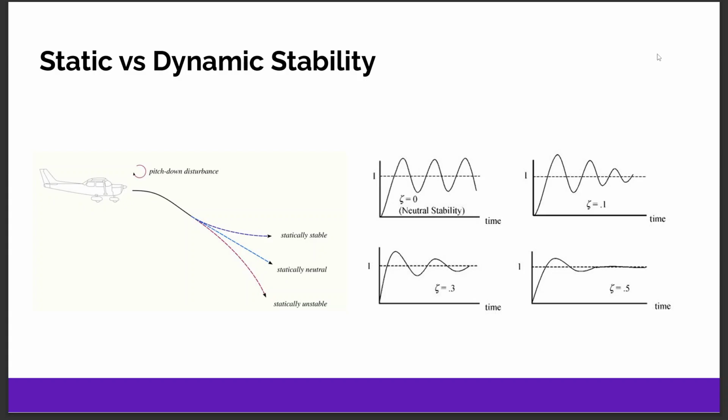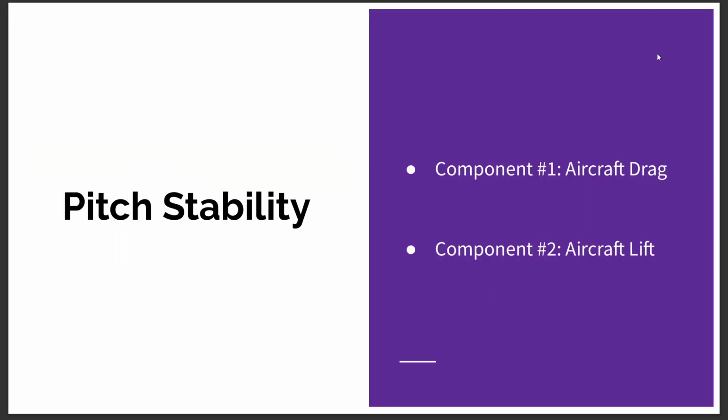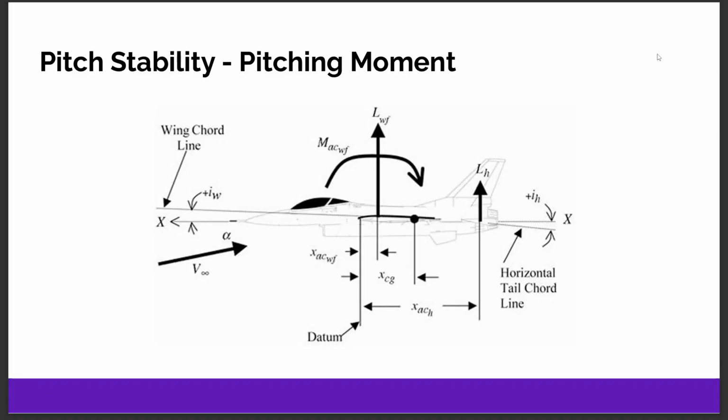or shrink over time. Now, both thrust and aerodynamic forces have an impact on pitch stability, but today we're going to focus on drag and lift only. Essentially, what you need to understand is that the sizing and location of the lifting surfaces, as well as the center of gravity location, will greatly influence the overall pitch stability, as they will determine the pitching moment of the aircraft.